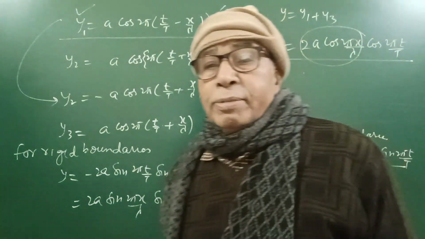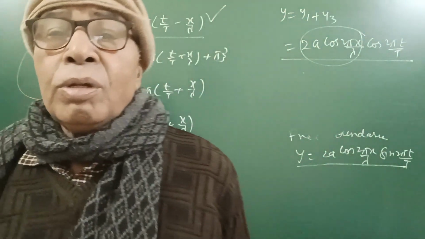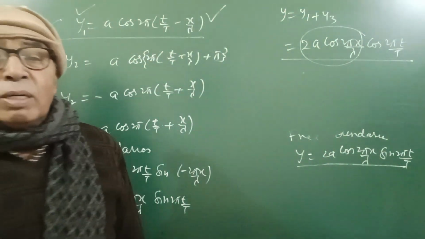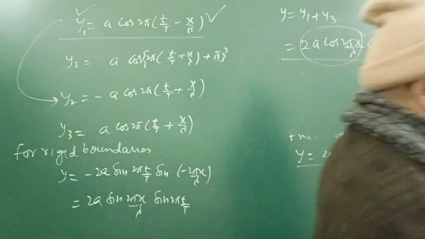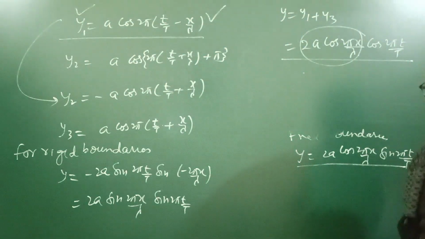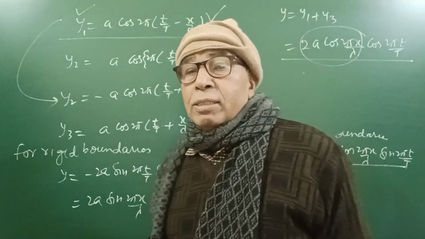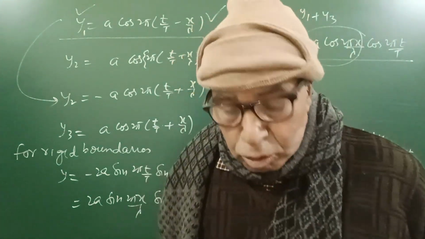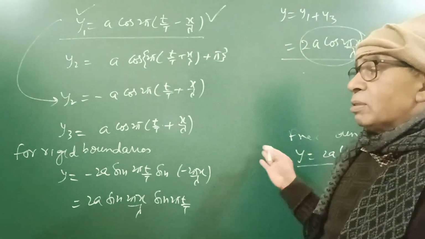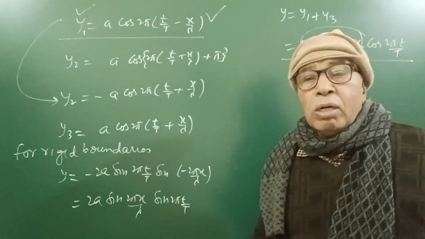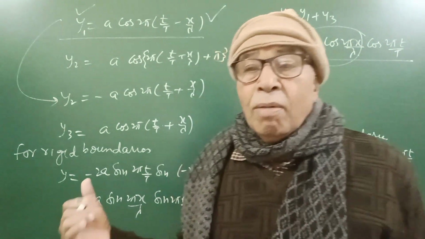But remember that in case of rigid boundaries, there is always a node at the boundary. In case of free boundaries, there is an antinode. I will be giving some questions here in the coming video. But learn this.